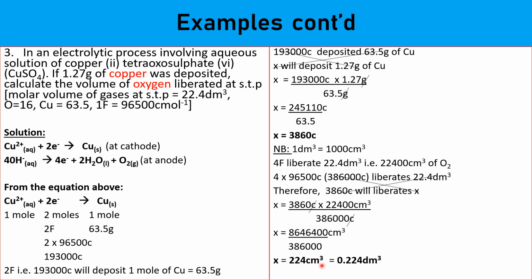Since your initial volume is in dm³, you may need to convert this one back to dm³ by dividing it by 1000. But if the question says leave your answer in cm³, then you can leave your answer as 224 cm³.